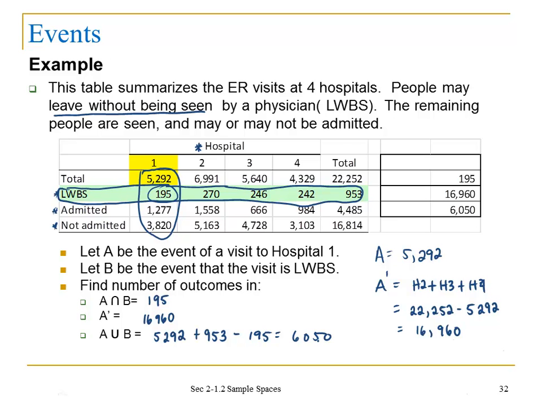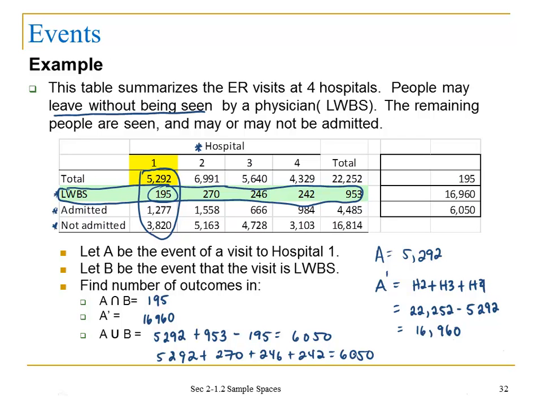The other way to find the same number is like he explained. So you're going to add 5,292 plus 270 plus 246 plus 242. And that should give you the same number. So you want to count the total of patients that went to hospital 1. And you also want to count the number of patients that left without being seen.